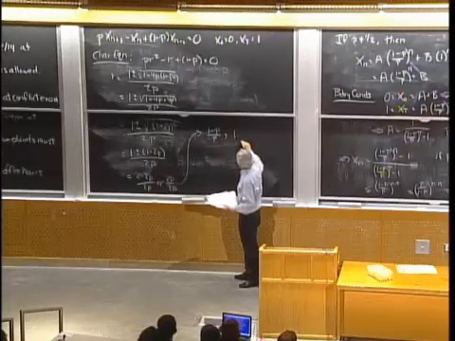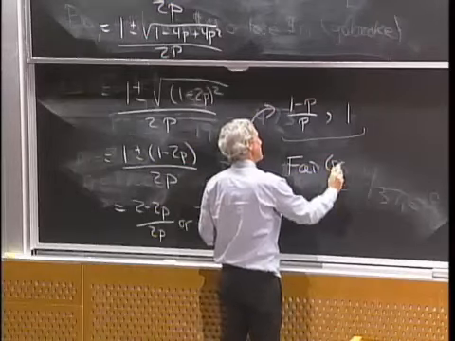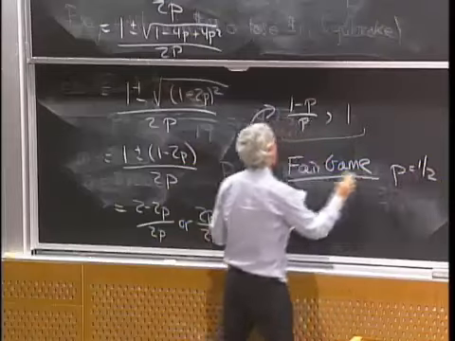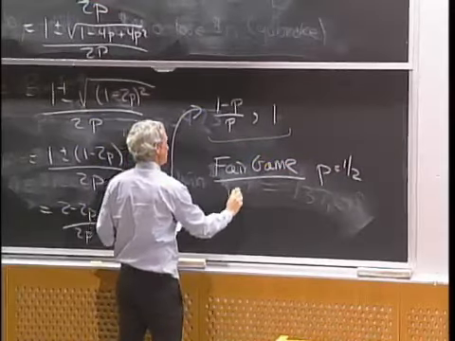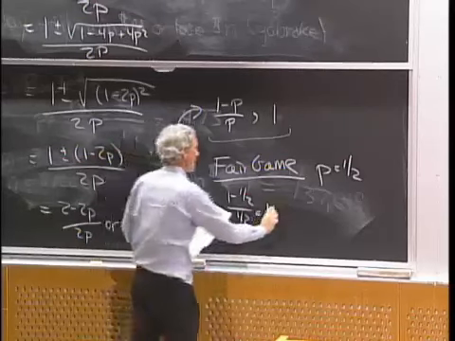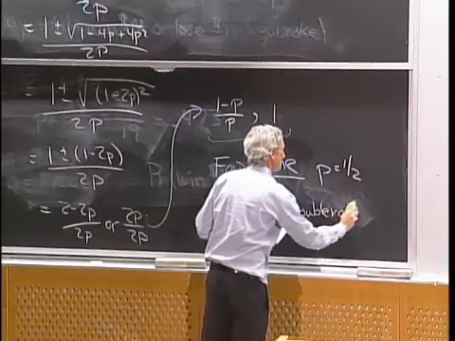Because in a fair game, p is a half, and then you have a double root. 1 minus a half over a half equals 1. And that means a double root at 1.